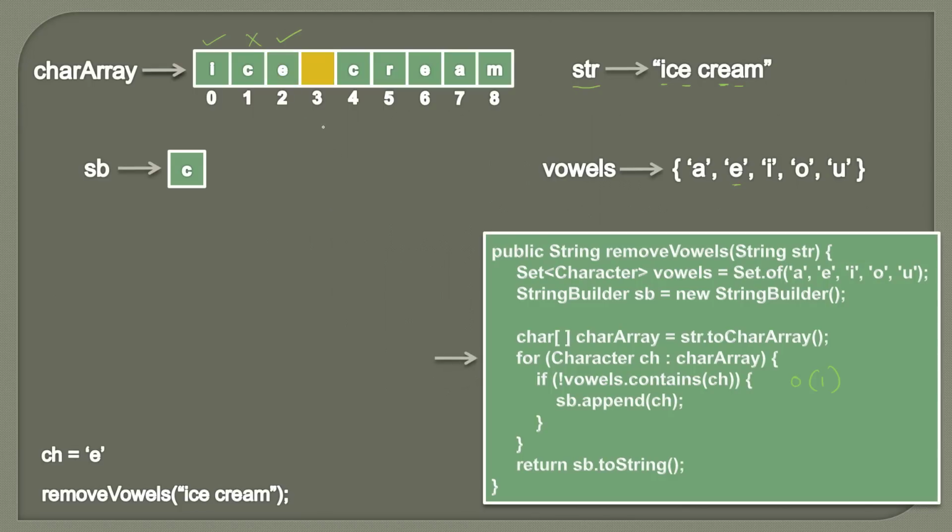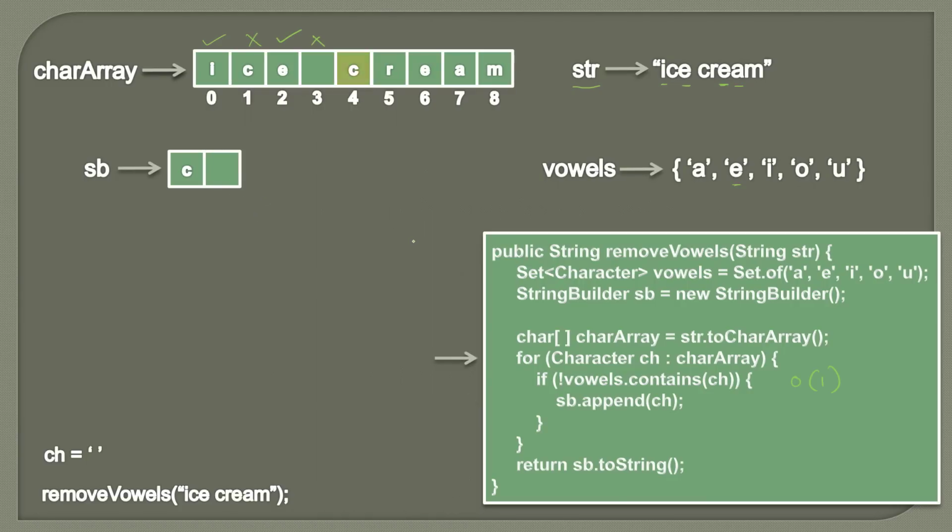Moving ahead, the fourth character is actually an empty string or a blank character. So ch will point to this space. The condition vowels.contains will come out to be false, and if we negate that, it will come out to be true because this is not a vowel. So we will include this, and we'll simply append the space.